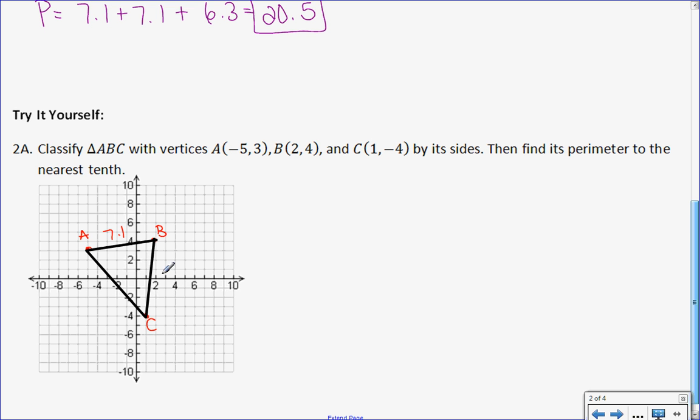From B to C is 8.1, and from A to C is 9.2. So that would make this a scalene triangle, since none of the sides are the same, and the perimeter is 24.4.